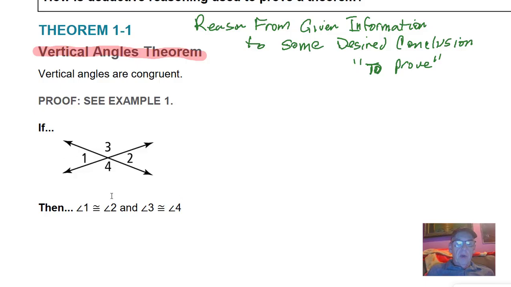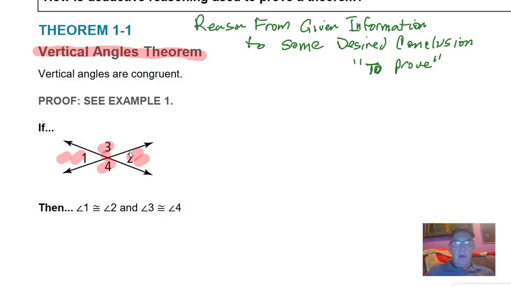So here we have our diagram. We've got two lines that intersect each other, and notice that these lines make a set of 4 angles. Angle 3 and angle 4 we call vertical angles, and angle 1 and angle 2 we call vertical angles. Vertical angles share a common vertex, and the sides of the angles are shared.